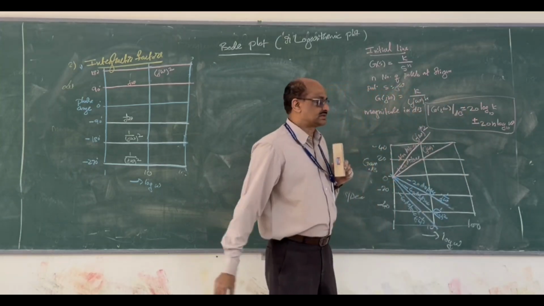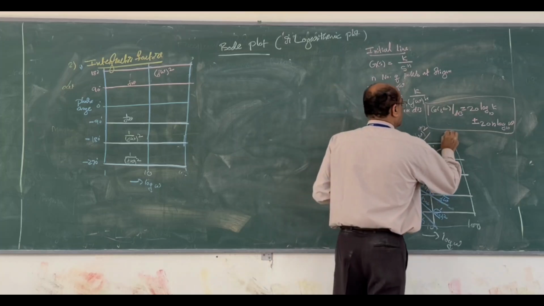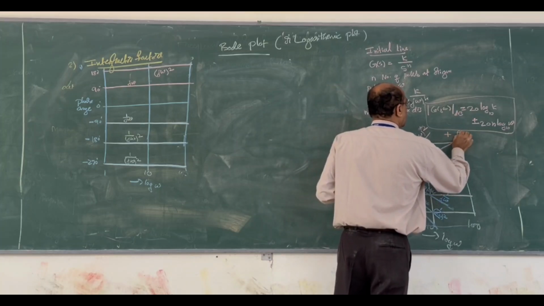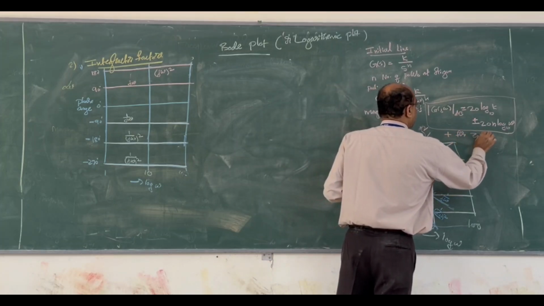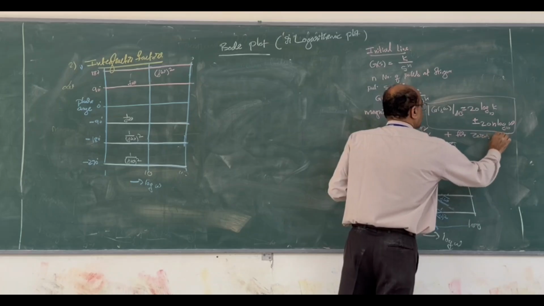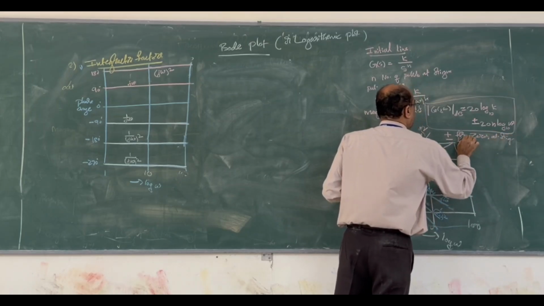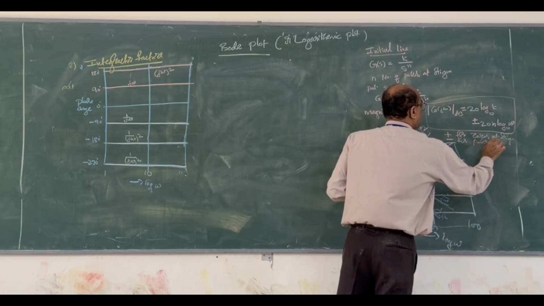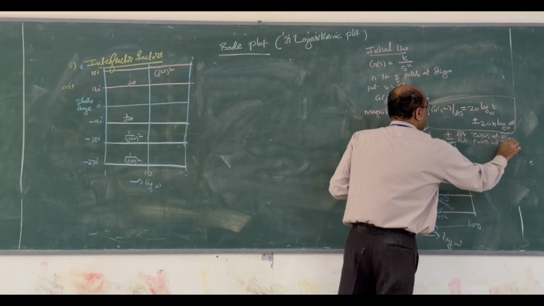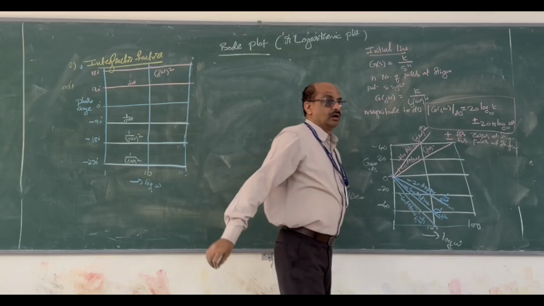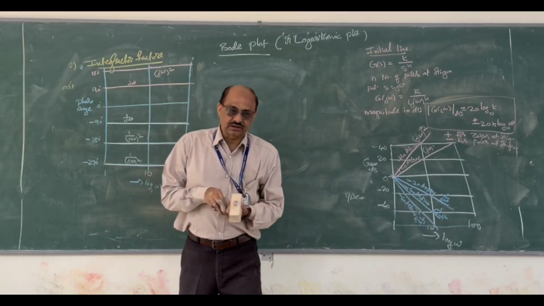So you take plus for zeros at origin, minus for poles at origin.